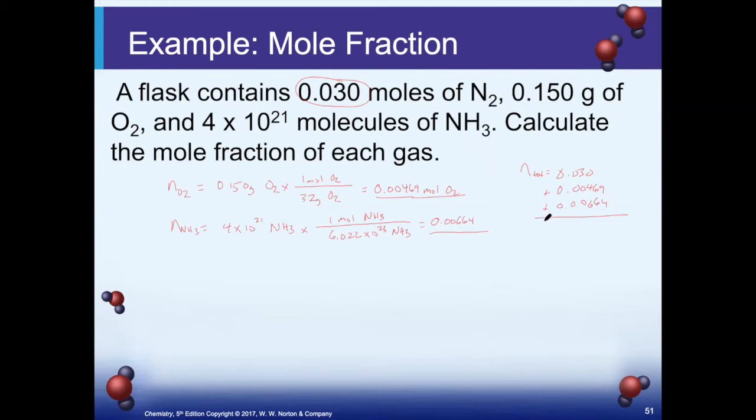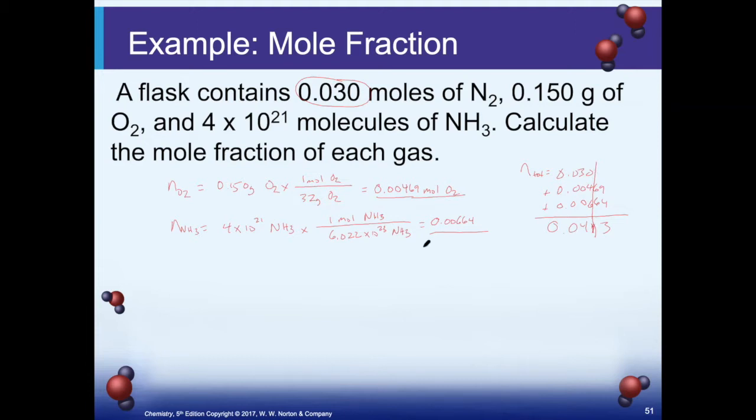So if I did this math correctly, and there's a partial chance that I did not, the total number of moles would just be 0.0413. Now again, using my sig fig rules, I can only go out to that place, because I'm adding numbers together, and that's the one with the fewest digits past 0.